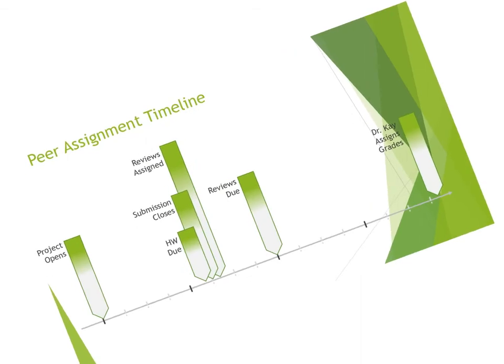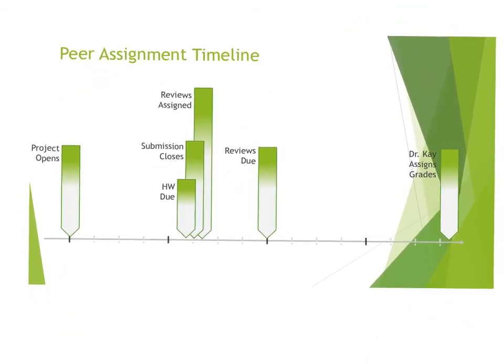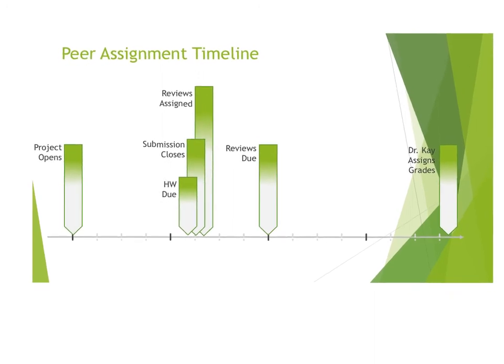So let's suppose that you are really crunched for time, right? Well, let's suppose you're not even crunched for time, right? What is the absolute best thing that you can do? The absolute best thing that you can do is when the project opens, right here, you upload a picture of your cat.